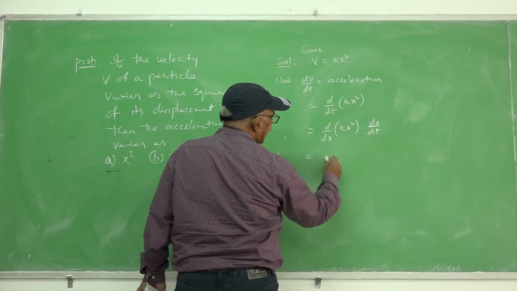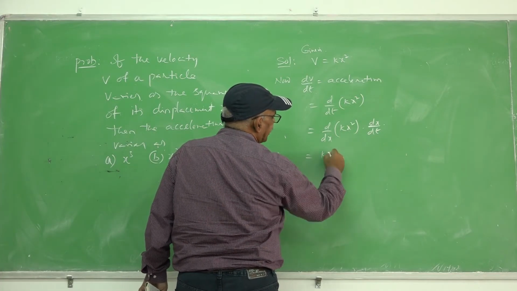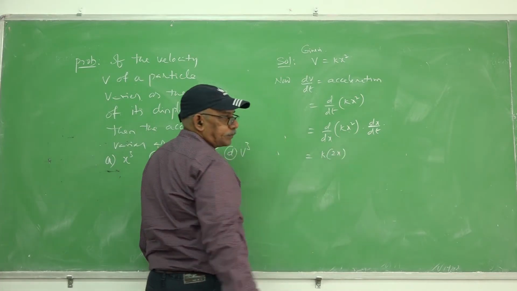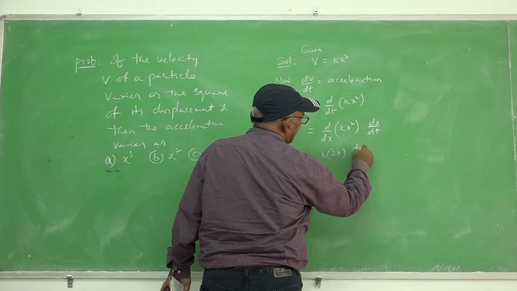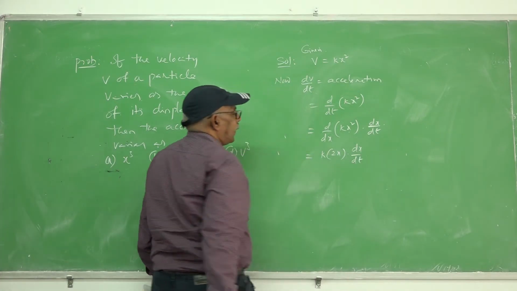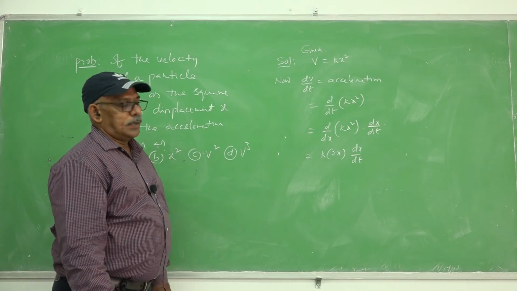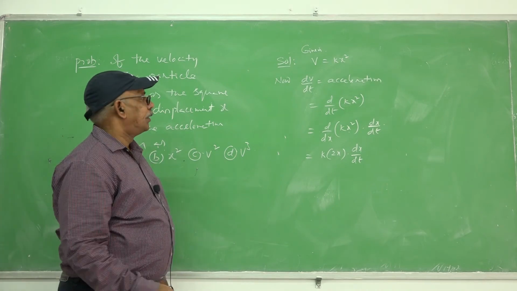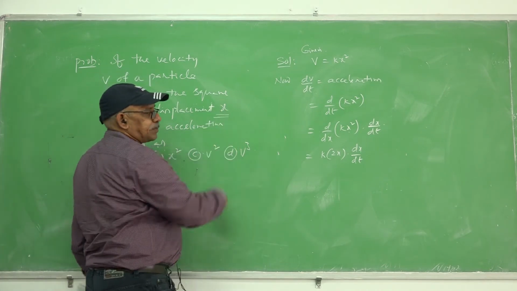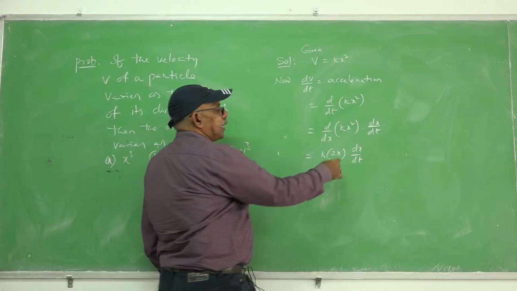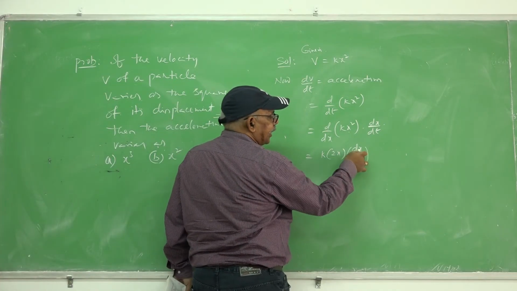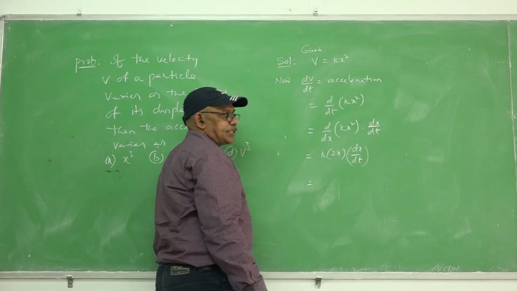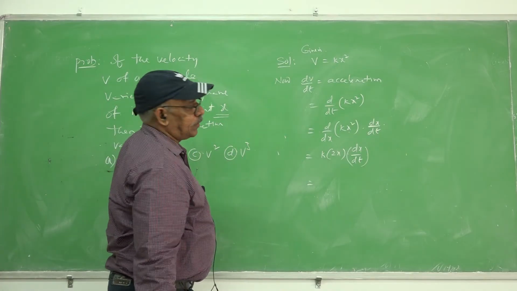D by dx of kx square is k into, for x square it is 2x, into dx by dt. But x is displacement, hence dx by dt is v itself.